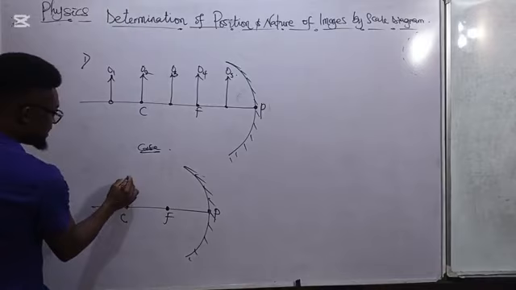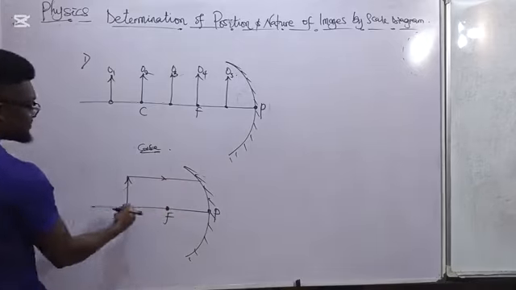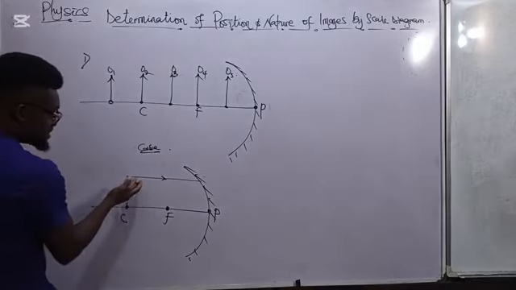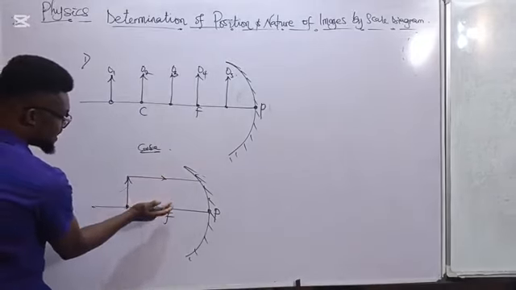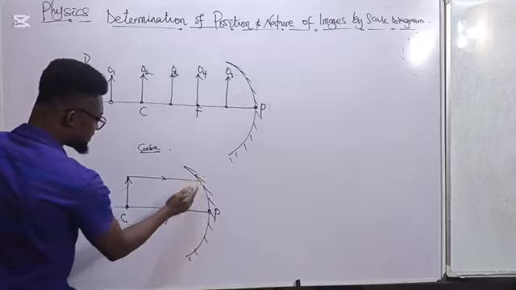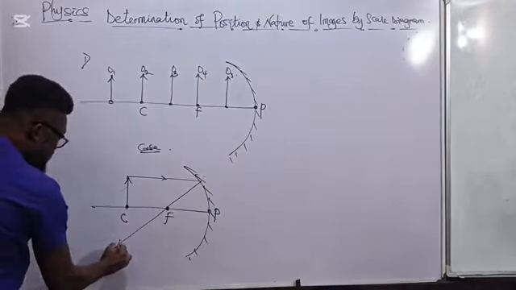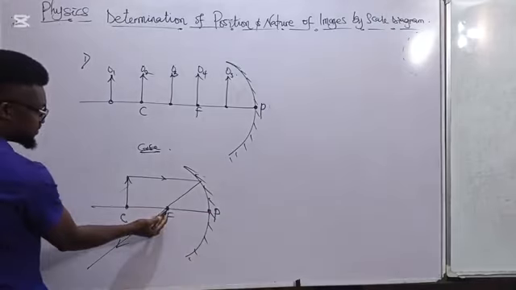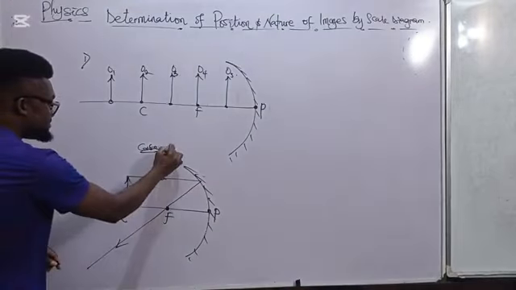Any ray that is parallel to the principal axis, no matter the position of the object, represents the incident ray. So any ray that is parallel to the principal axis must reflect through the what? Through the principal focus. So once you have a parallel ray, its reflected ray must pass through the principal focus. This is one thing you should bear in mind.